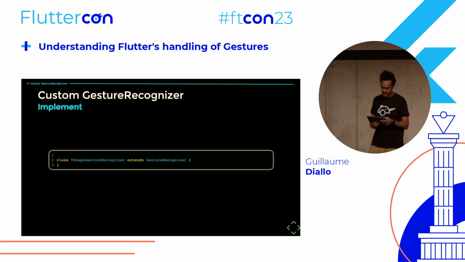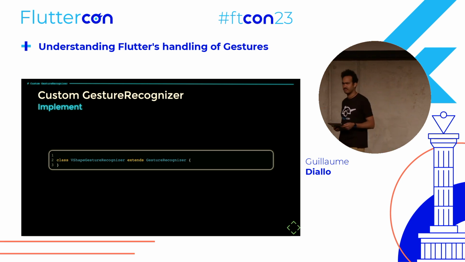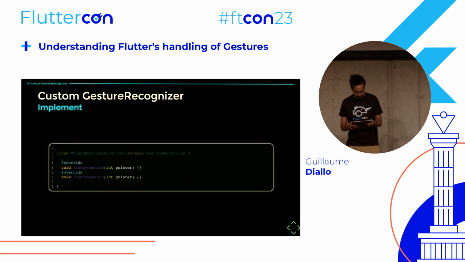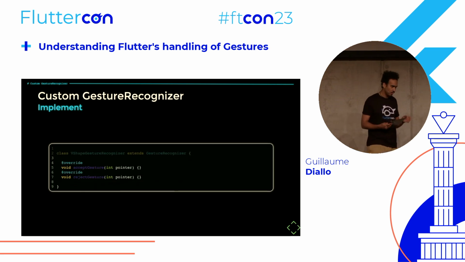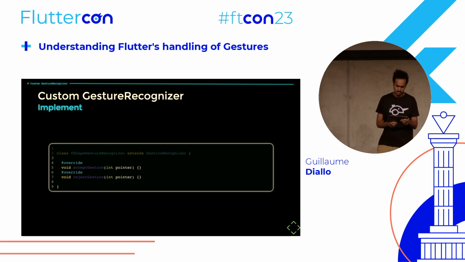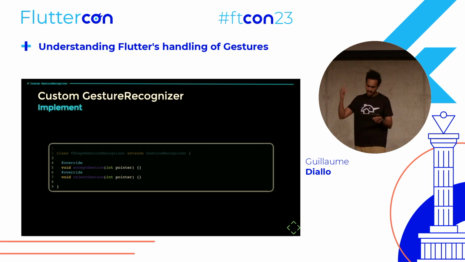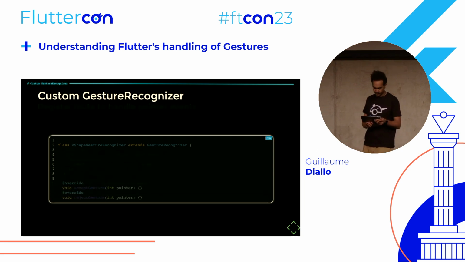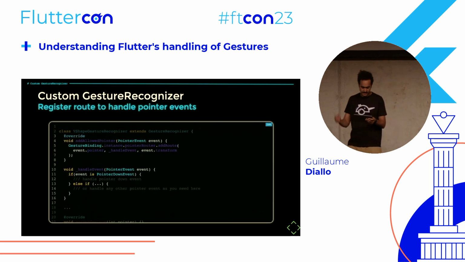We have a V-shaped gesture recognizer that is extending the gesture recognizer, and we need to override those two methods. I won't be going into details about what they do, but we are supposed to implement them. We can leave them empty: accept gesture and reject gesture.